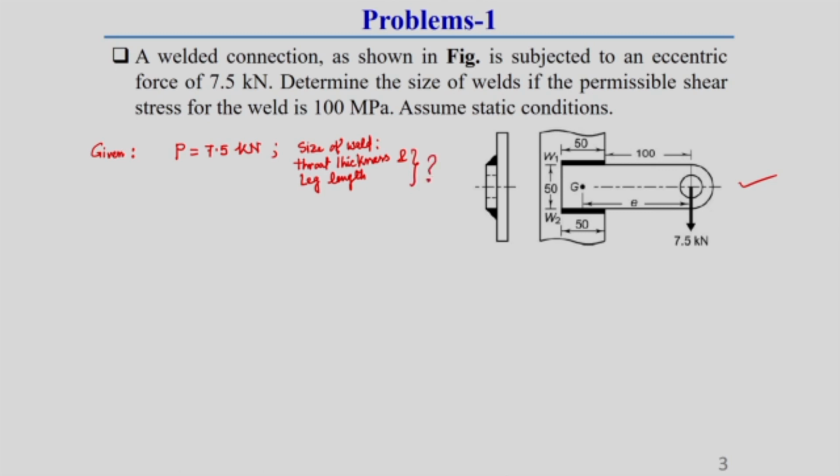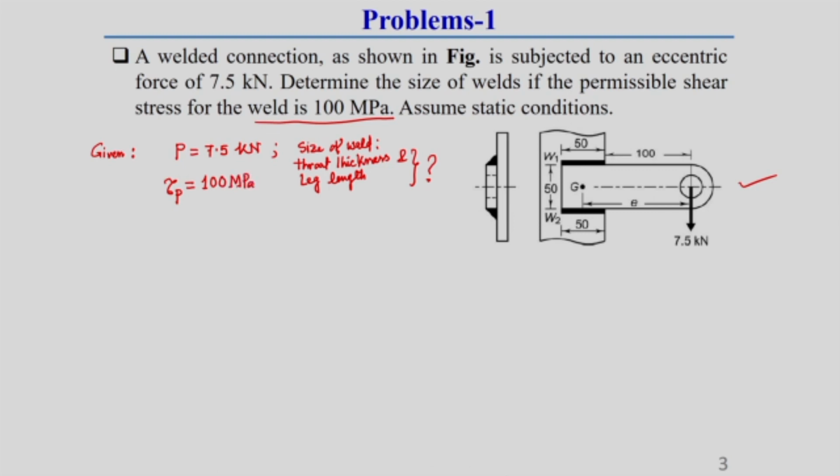So, what are the things given? The permissible shear stress of the weld material is 100 MPa. So, the other given parameter is tau p, that is the permissible shear stress of the weld material, 100 MPa.